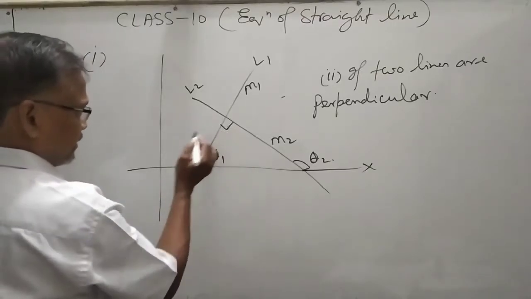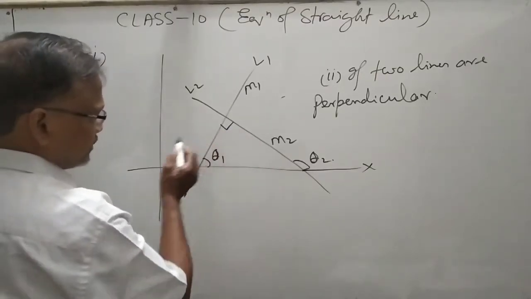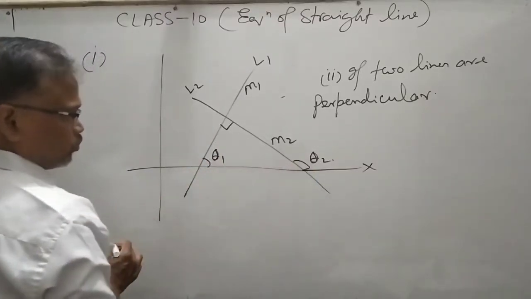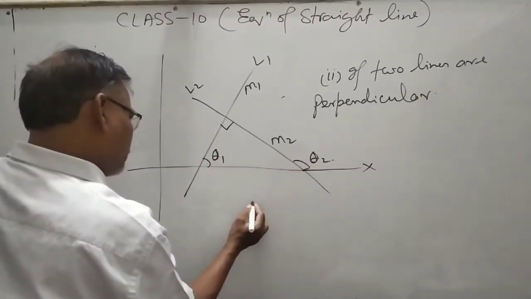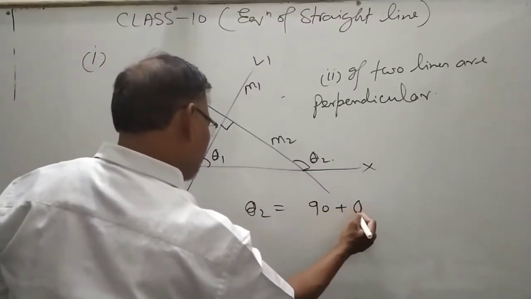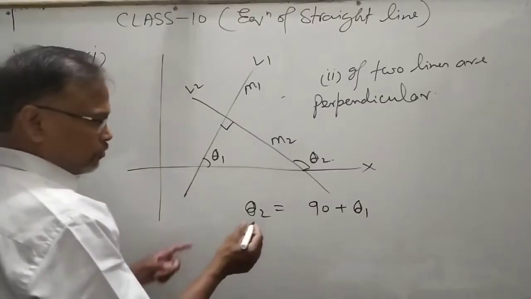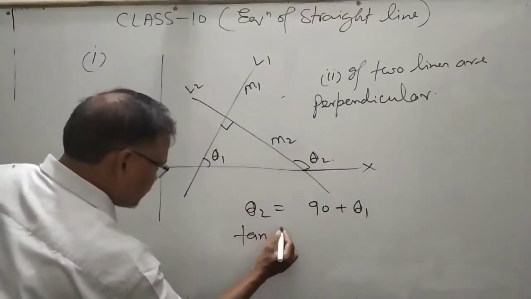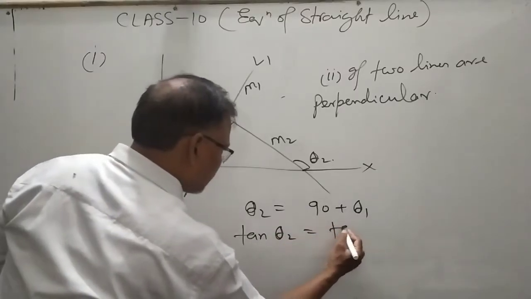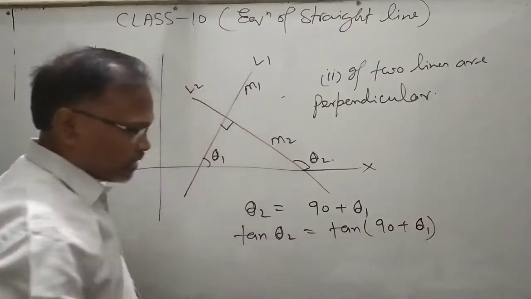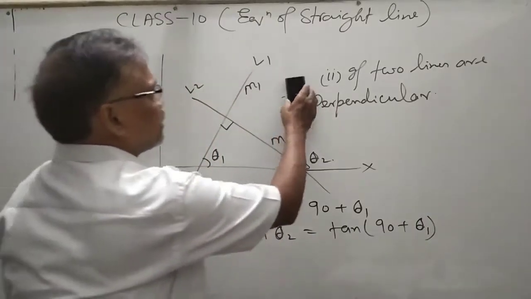As you know, this is 90 degrees because the two lines are perpendicular. Then the sum of these two angles is equal to theta 2, this angle. So theta 2 is equal to 90 plus theta 1. If you take tan on both sides, what will you have? Tan theta 2 is equal to tan of (90 plus theta 1).